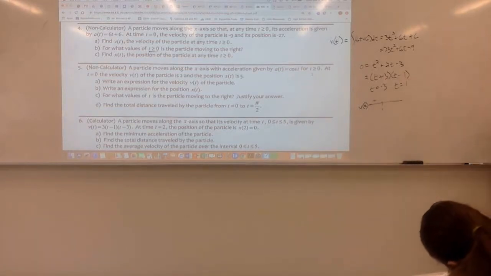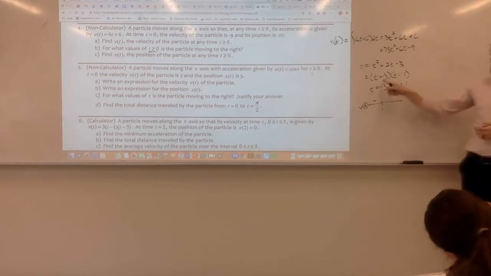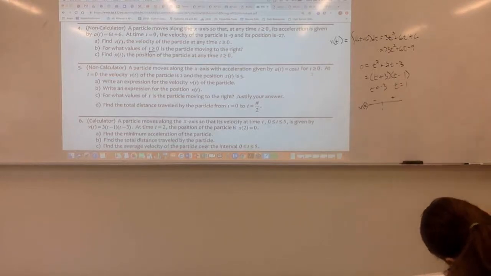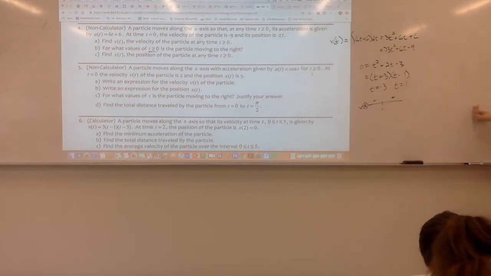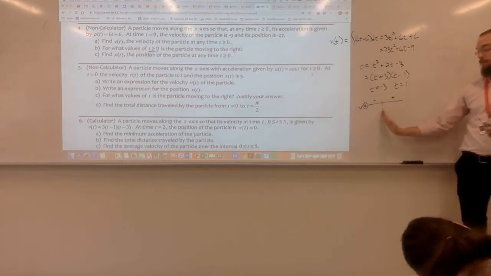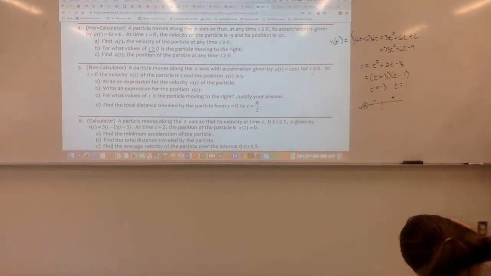That's negative. If I take a number greater than 1, say 2, 5 times 1 is positive. So velocity is positive from 1 on. And I don't think we have, no, we don't have an upper bound. So we would just say the particle is moving to the right from t equals 1 to infinity.